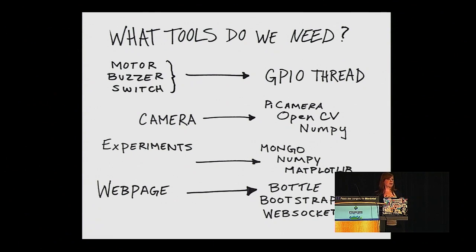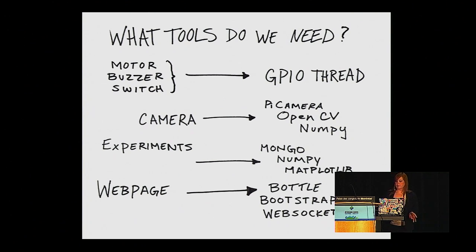So to run the motor and the buzzer and the switch, that's simply the GPIO library from Raspberry Pi and a thread. To run the camera, I just used a library called PiCamera, which is just a simple Raspberry Pi camera interface. OpenCV, which is a computer vision library, and NumPy, which is a numerical processing library.